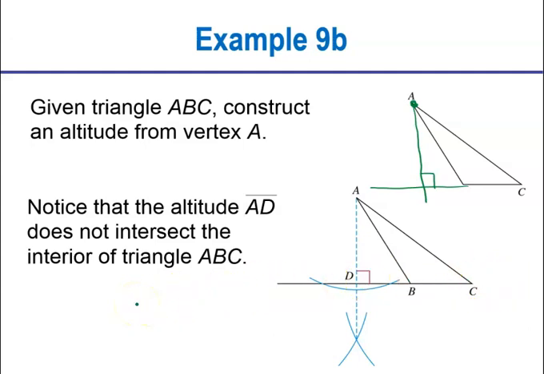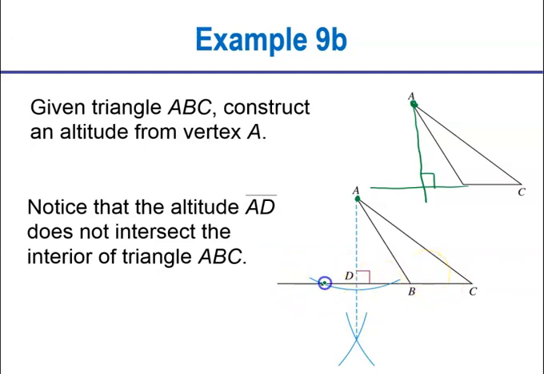Now, what do you do? The steps are, you put your pointer right here on A, and you strike an arc. How long does it have to be? It just has to intersect the line in two places. Don't make it too short so you barely touch. Don't make it too wide where it's too difficult to deal with. So just strike an arc. Do not change your compass setting.